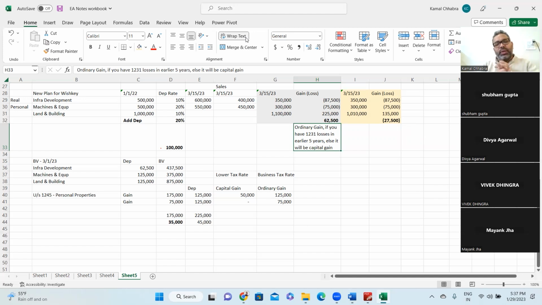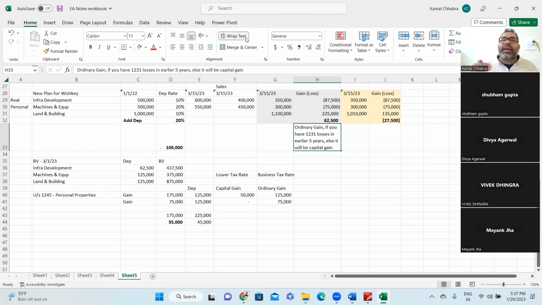So first you understood the netting process. You have 1231 gain on one asset and 1231 losses on another asset. So you can net both off and reach the net number. And you need to understand whether the net number is a gain or a loss. So in the first scenario it is a 62,500 gain. So you have a 1231 net gain of 62,500.